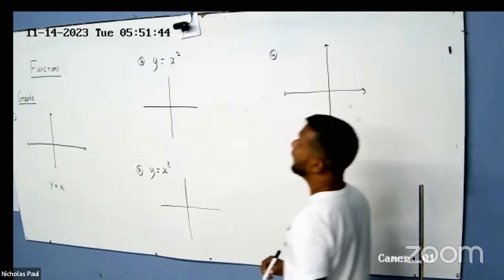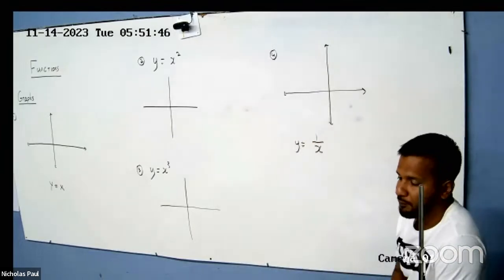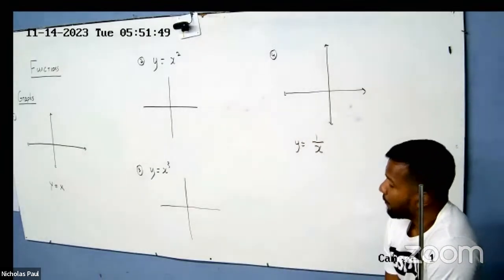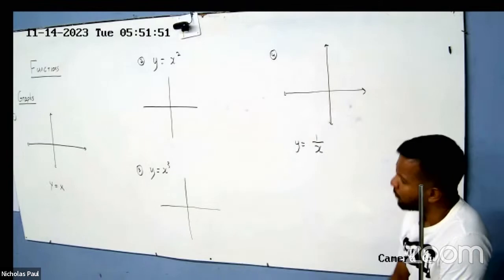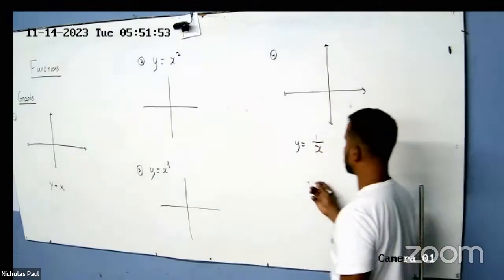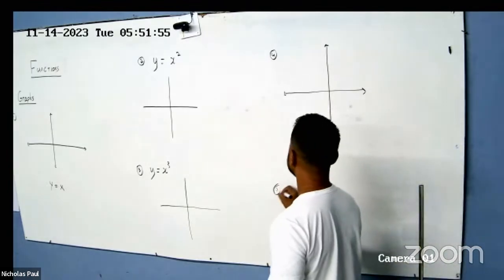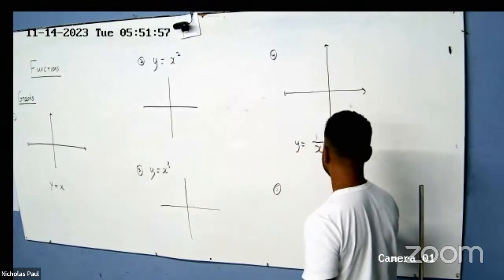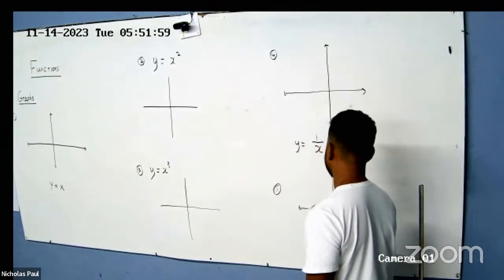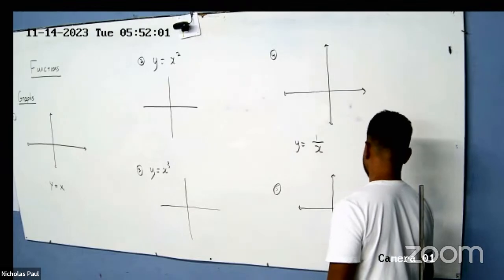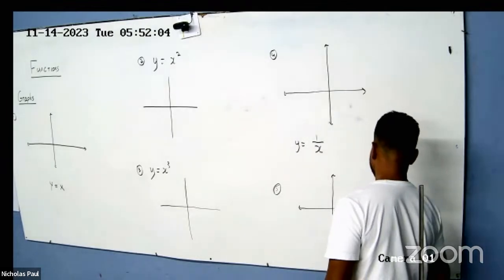All right, so there are 4 standard graphs that we need to know. Of course, we'll have the a to the x graph, actually, let me add that in too.